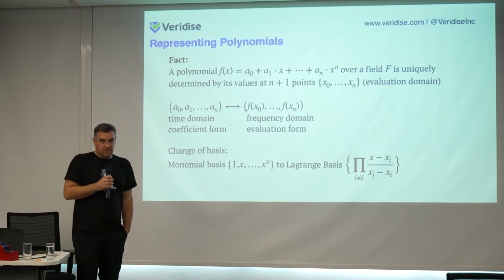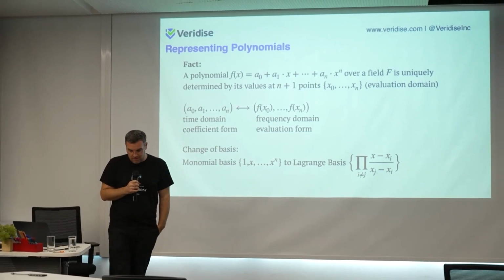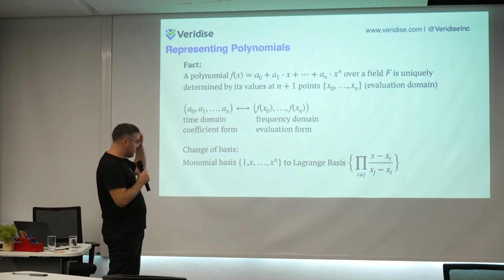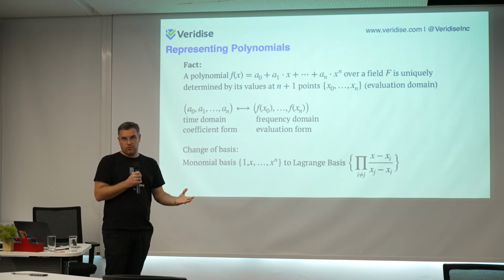Okay, so let's start with the fast Fourier transform itself. That's a very classical algorithm going back more than 200 years. The basic idea depends on how you represent polynomials in your system.